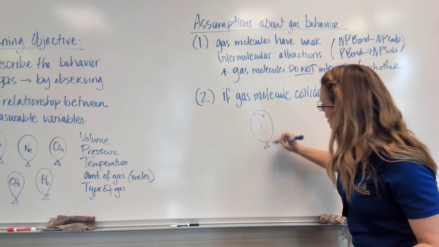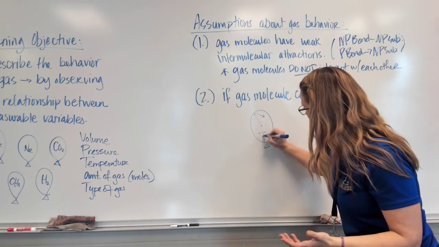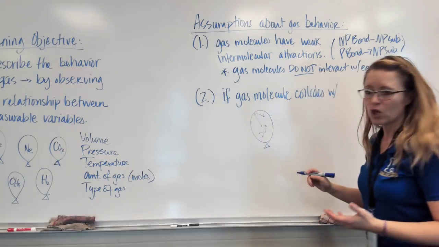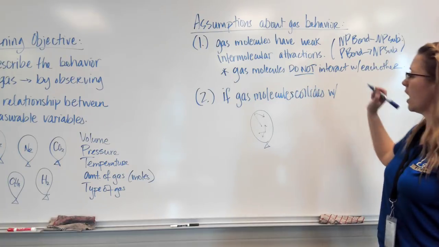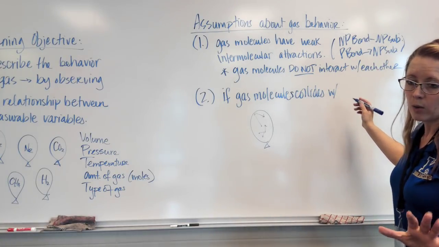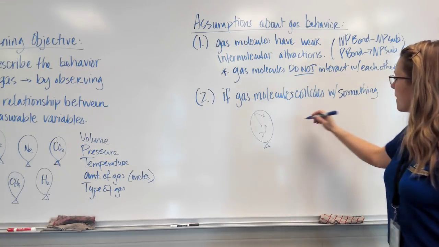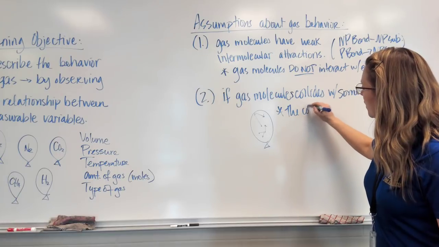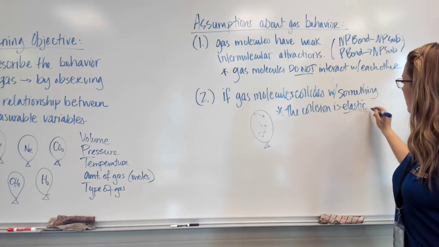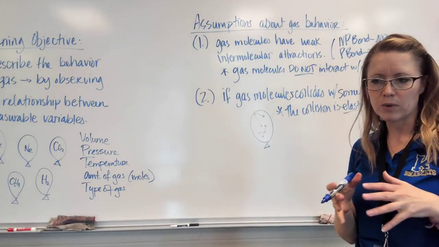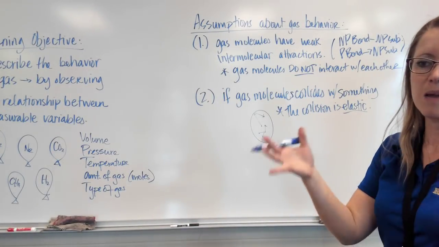I also assume that if two molecules have collided with each other, they will, in turn, have elastic collisions. If gas molecules collide with each other or a wall, the collision is elastic. It doesn't lose any energy. It just collides, and it keeps moving.